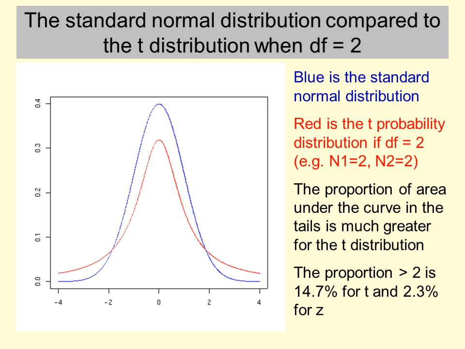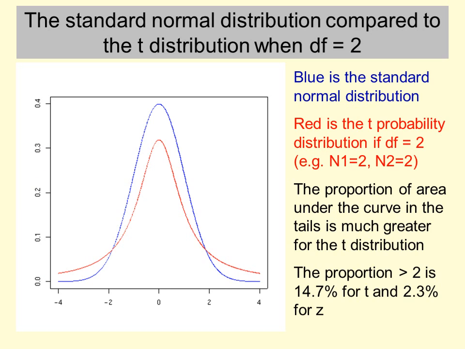So let's look at an extreme example when there are only 2 degrees of freedom in a t-test. You would get 2 degrees of freedom if, for example, sample 1 only had 2 people in it and sample 2 also only had 2 people in it. So in this graph on the left, the blue curve is the standard normal distribution that you might recognize, and therefore the x-axis is units of standard deviation for the blue curve, and the y-axis is the proportion of the area under the curve.